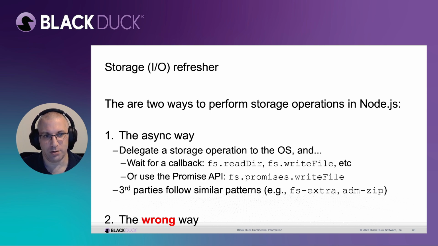And there are your promises APIs, which don't have a callback, but return a promise. All of these process the I/O on a worker thread. And if you're using any third party to do storage operations like fs-extra or adm-zip or I don't know what, they usually follow the same guidelines for APIs and look and feel very similar.